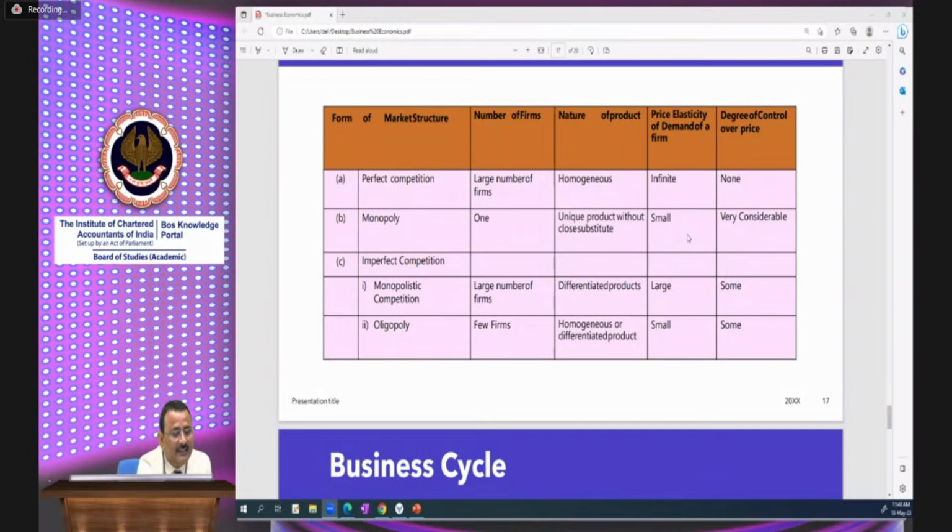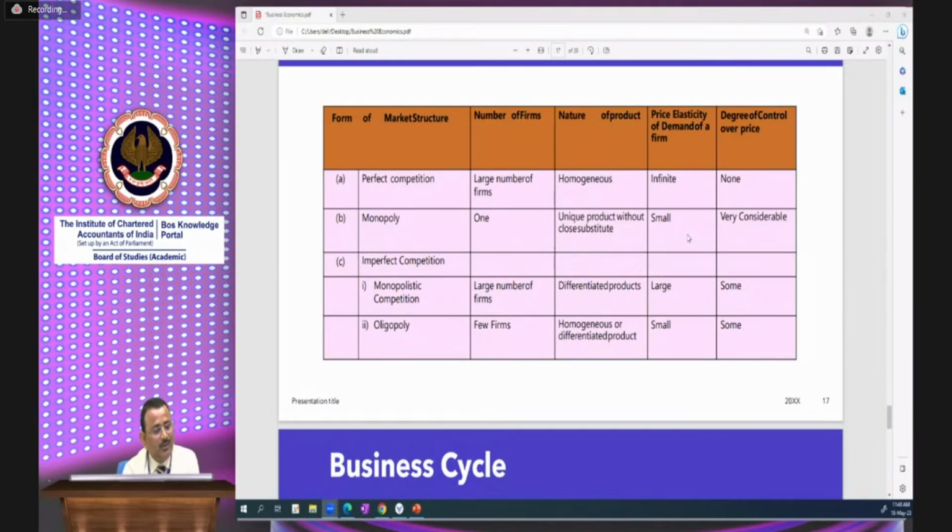Miss Navya has asked that she has not completed the ICI study material. Can she score good marks? See, Navya, one thing is very clear: the questions are from the ICI study material only.